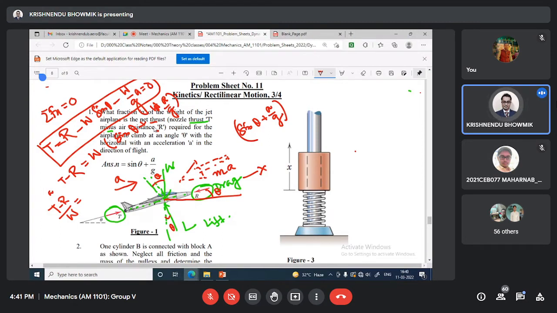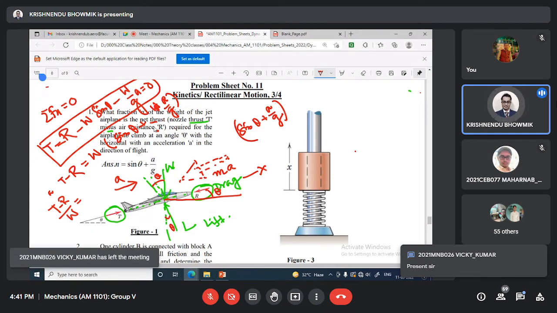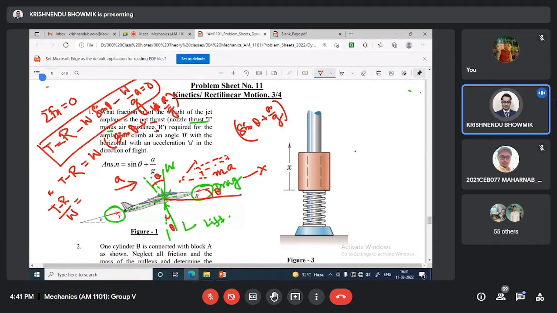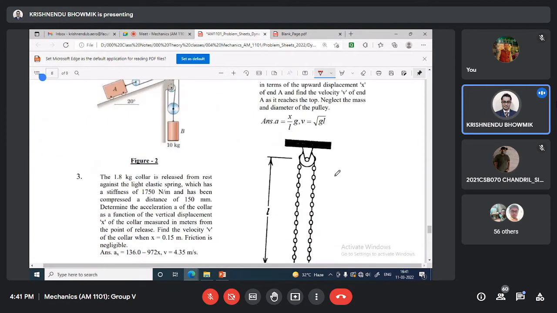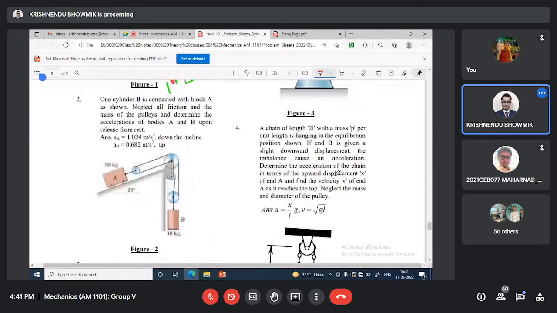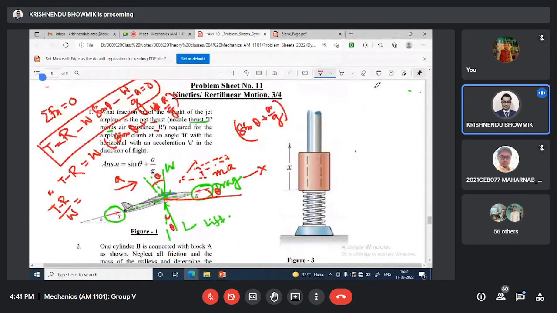When theta equals 0, the horizontal direction, the ratio is nothing but a by g, the acceleration of the jet by the acceleration due to gravity. Many scenarios can come. So let's solve this problem.